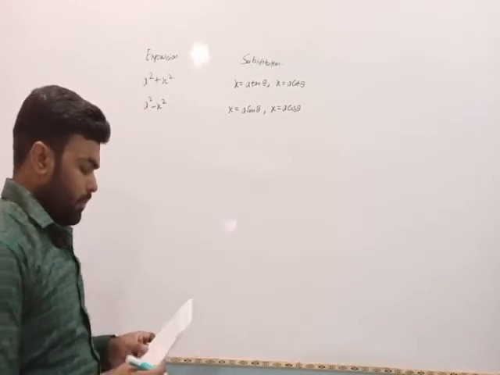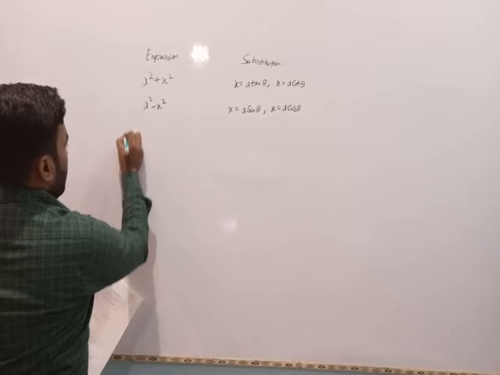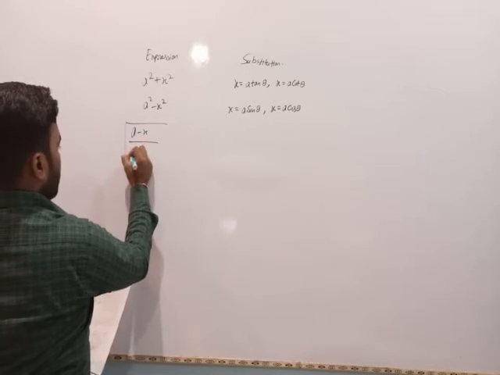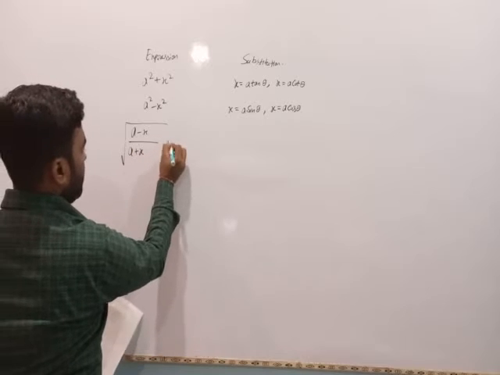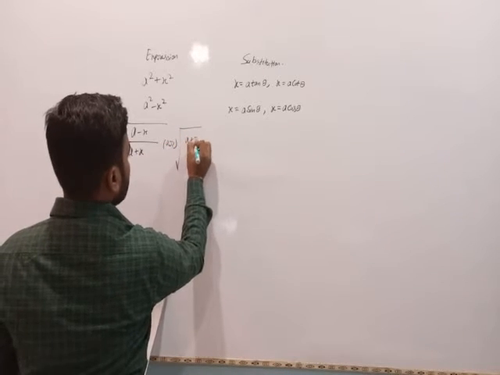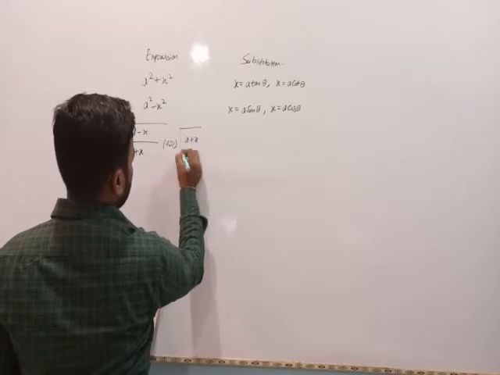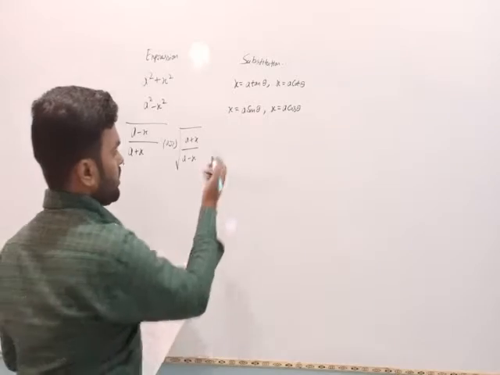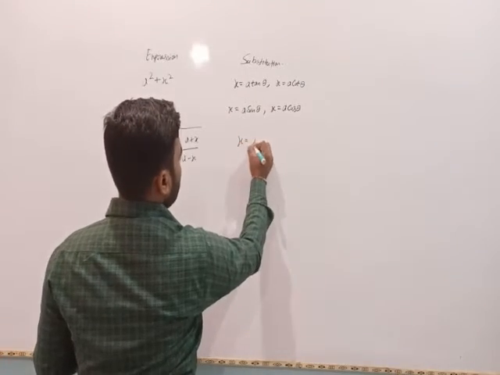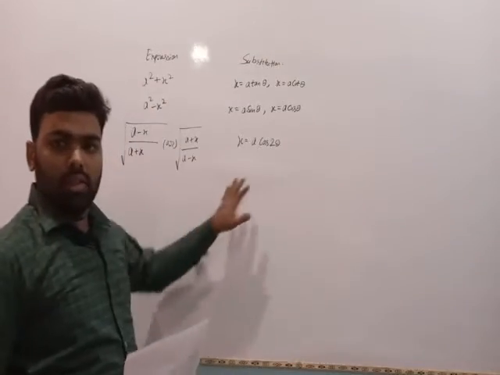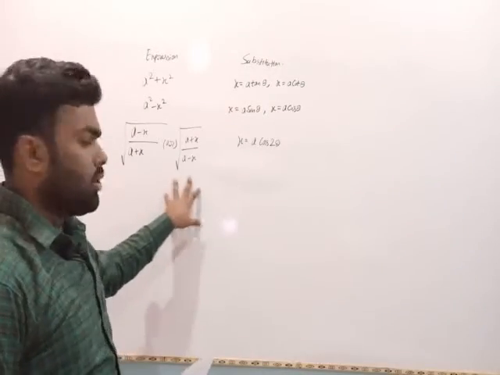Now the next form is the root of (a minus x) divided by (a plus x), or root of (a plus x) and (a minus x) in the denominator. Here we can use the substitution x equal to a cos 2 theta. This is the substitution for this kind of function.